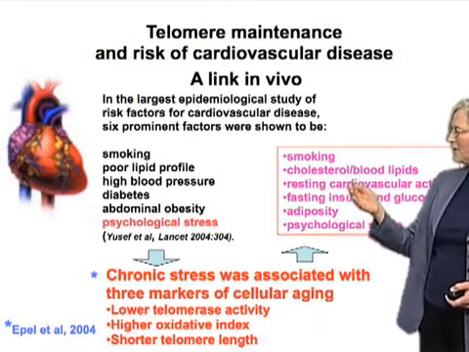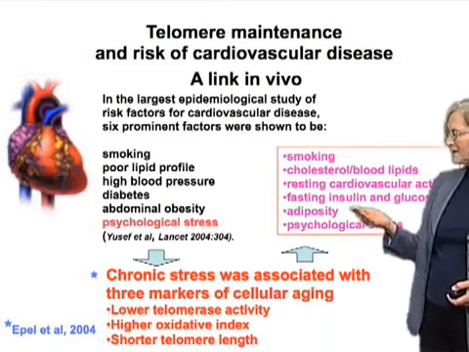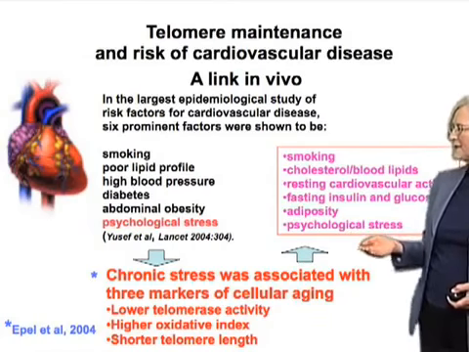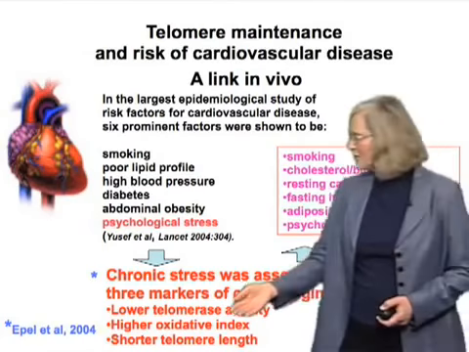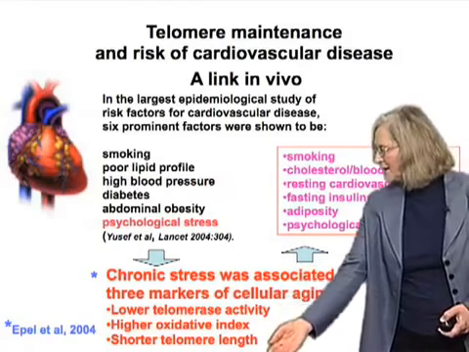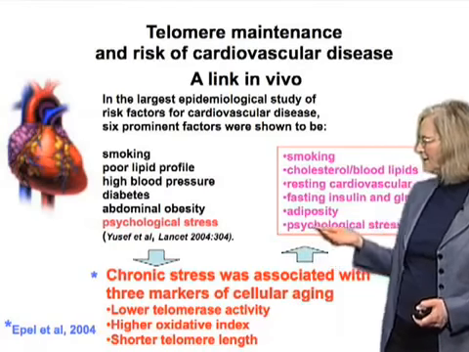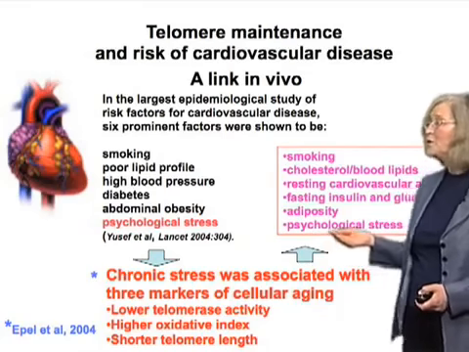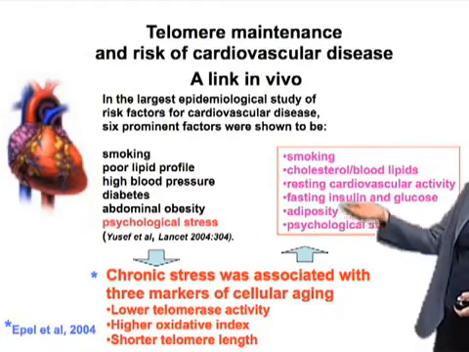So all of these risk factors, or in this case a surrogate for the risk factor, were all in place in this study. So the question was, well, since these 3 had been associated with the level of psychological stress and the duration of psychological stress, what about these?